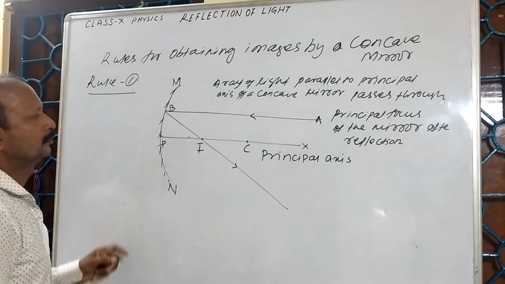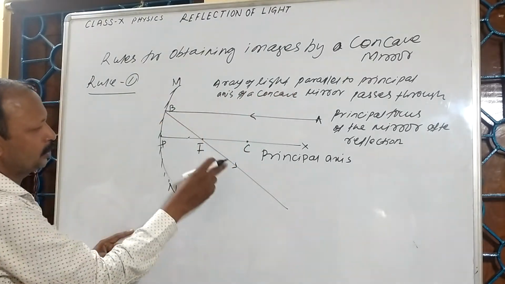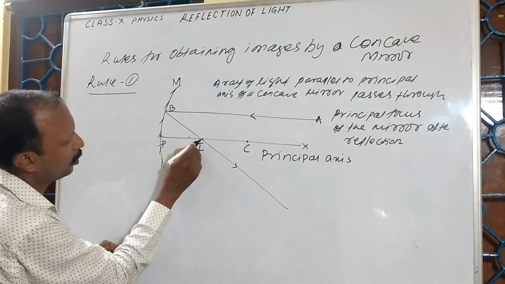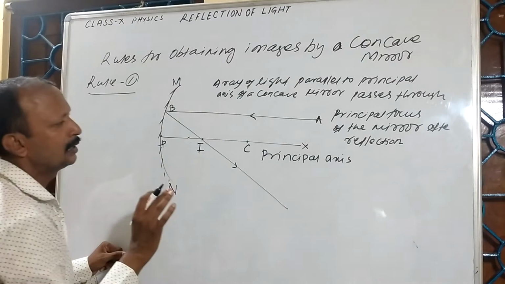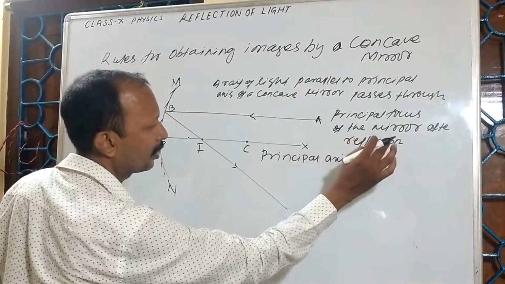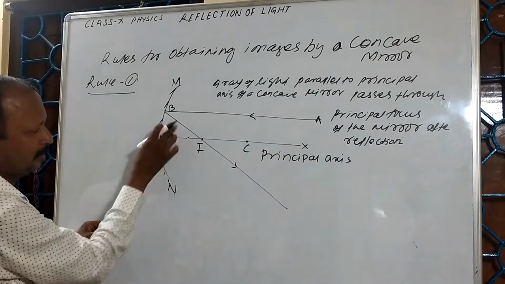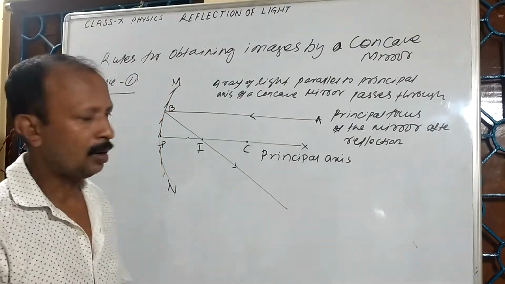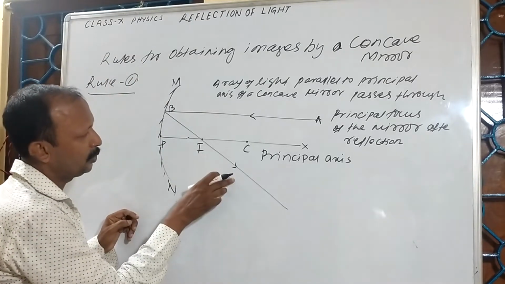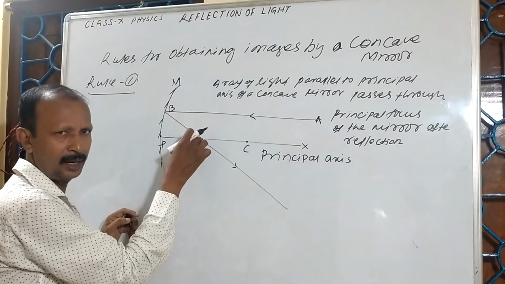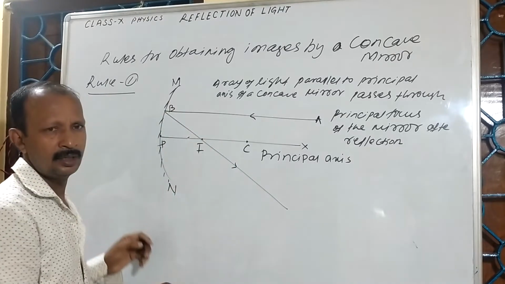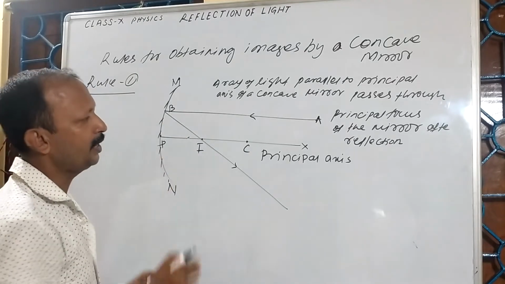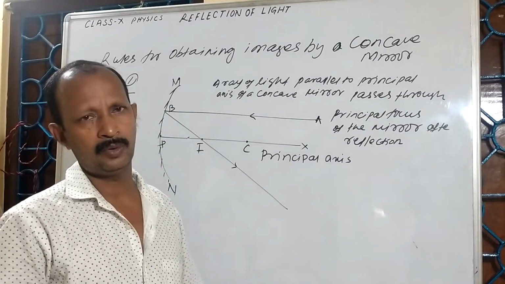See here, a ray of light parallel to the principal axis passes through the principal focus after the reflection. So, from this rule, we came to know that if a ray comes parallel, it will pass through the focus. Comes parallel means comes parallel to the principal axis. This is the first rule.